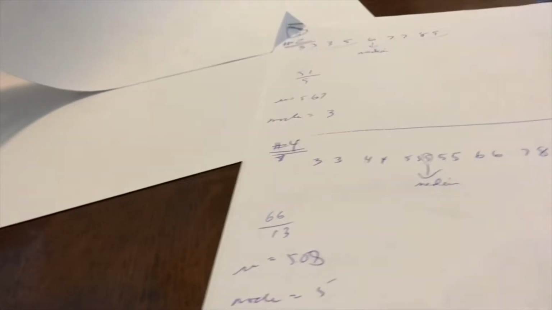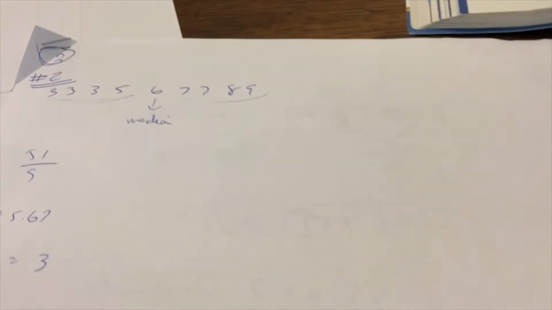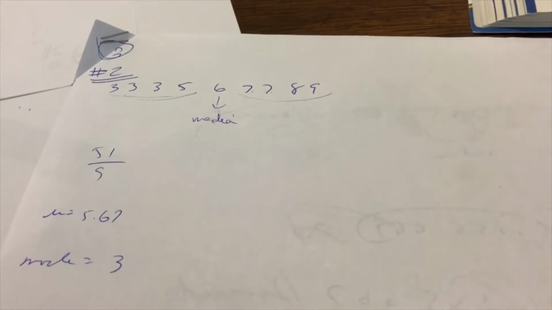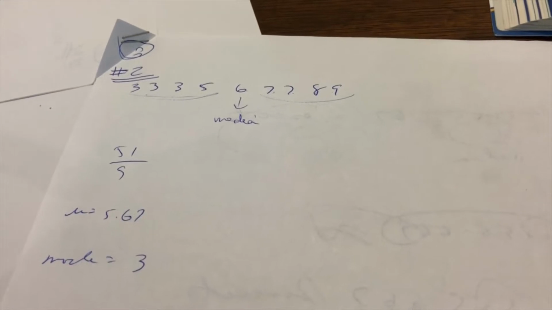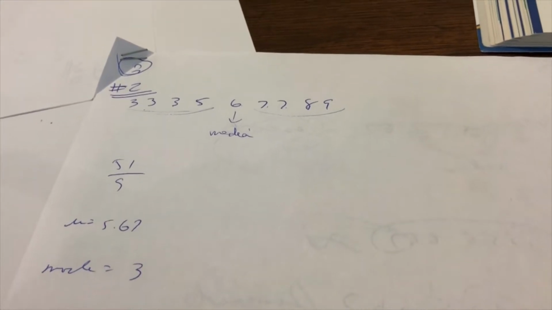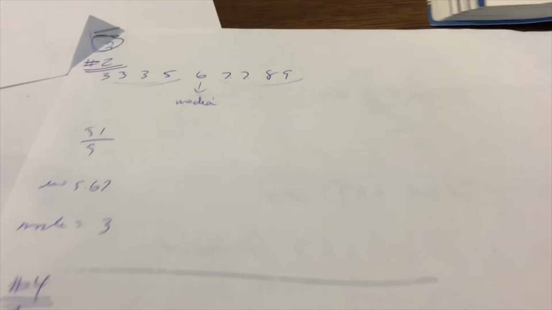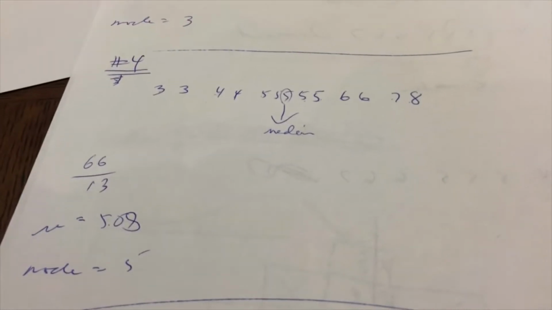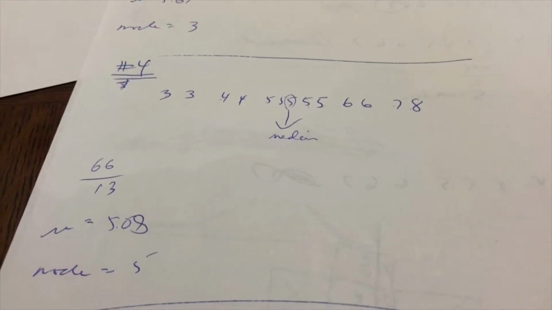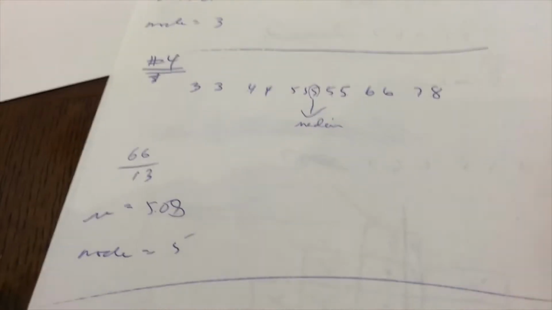But I wanted to let you have eyes on the problem so you can pause it and make sure you can recreate it. That's 2 from chapter 3. This is problem 4 from chapter 3. Jaden, you ready? This is number 5.